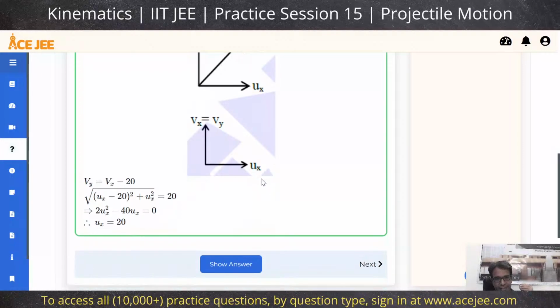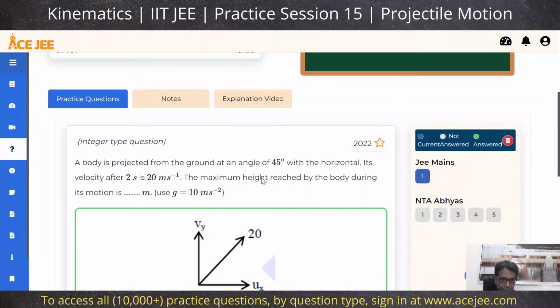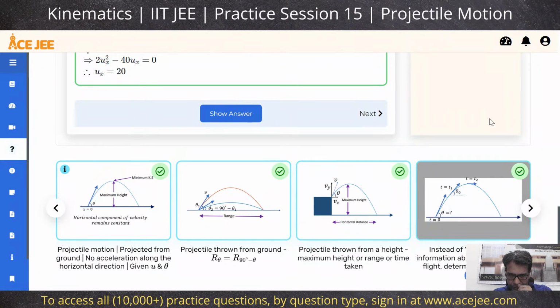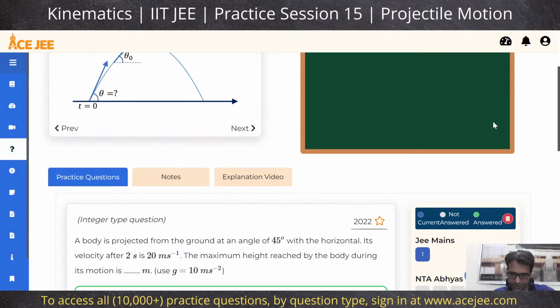What are they asking? The maximum height. So, okay, let me do it again. Seems like I bungled it up.